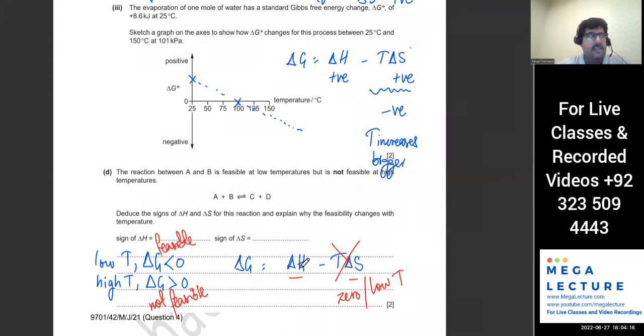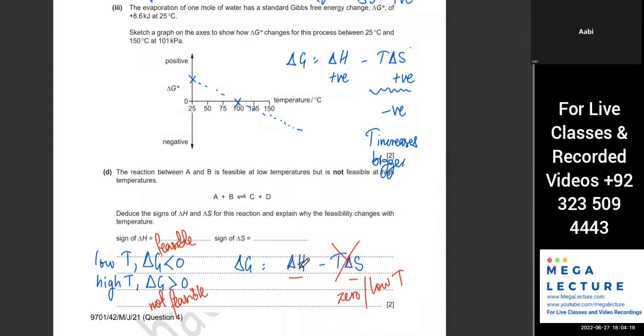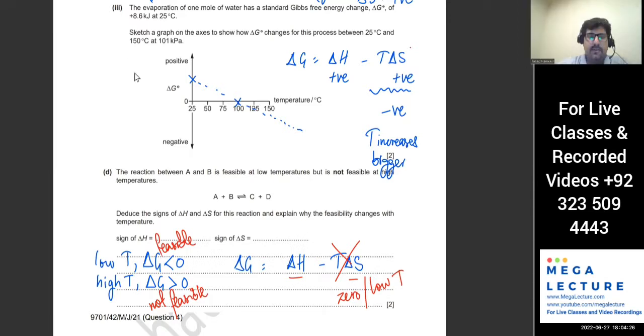So what is the value of delta H? Is it negative or is it positive? What's going to happen at low temperatures? Again, let me restate this very clearly: at low temperatures, he's saying that the reaction is feasible. At low temperatures, this term over here disappears.